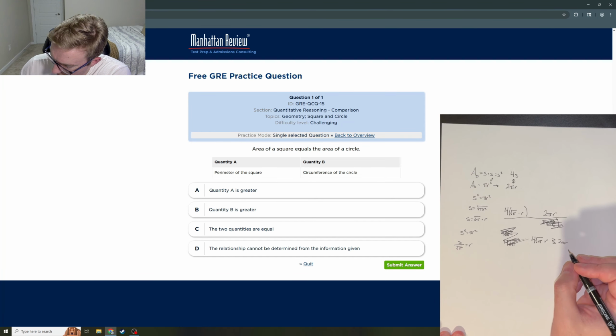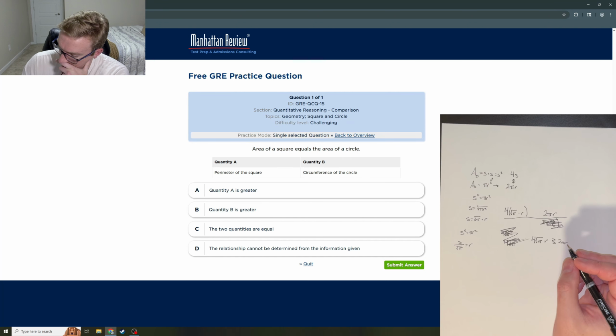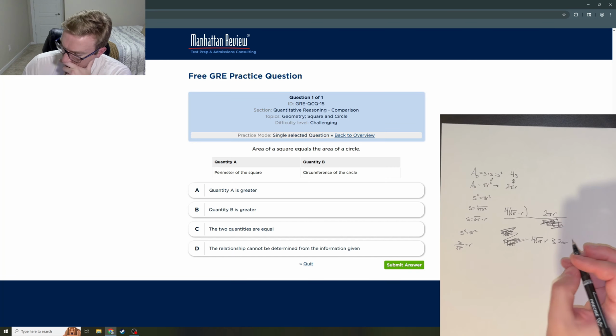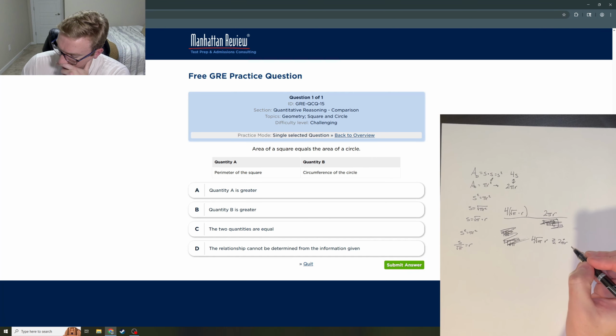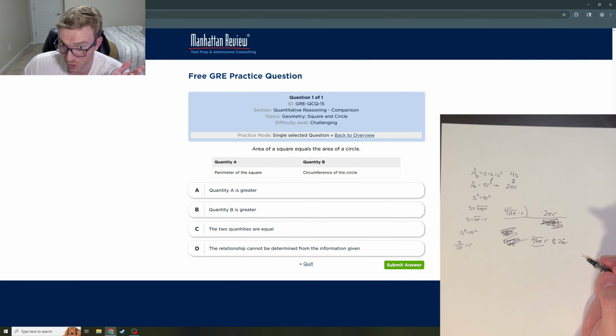And let's check this. The square root of pi, okay, all we have to do here is pi is 3.14, which is fine. This feels like it has to be bigger because the square root of pi is going to be 1 and change.